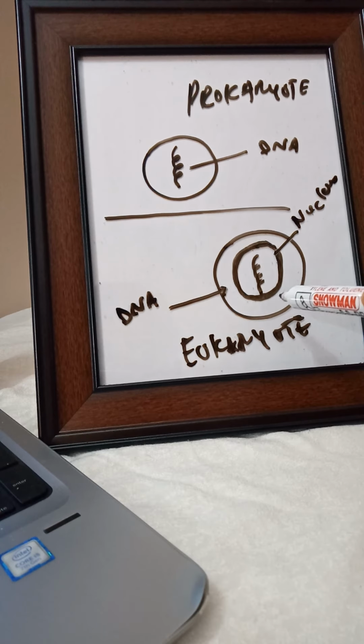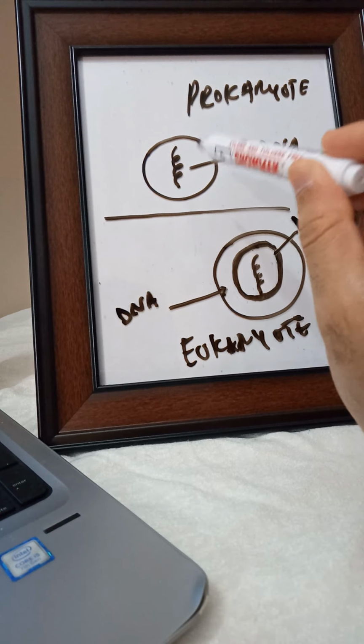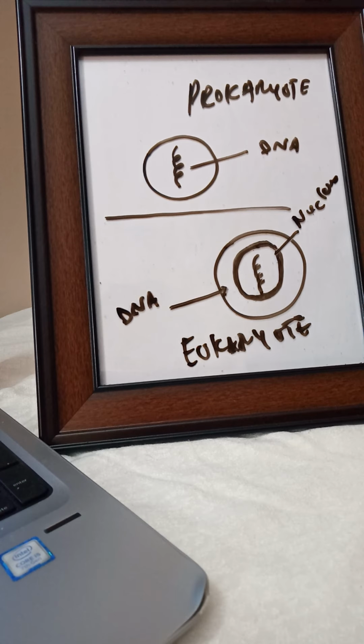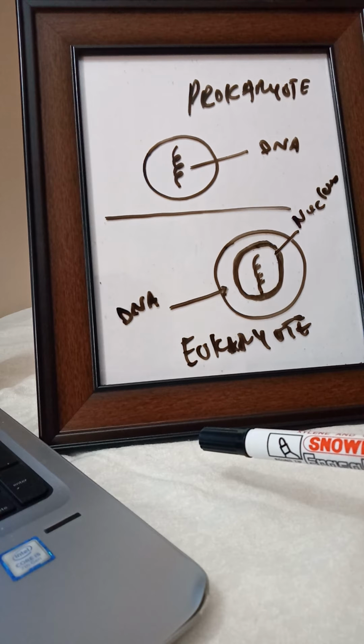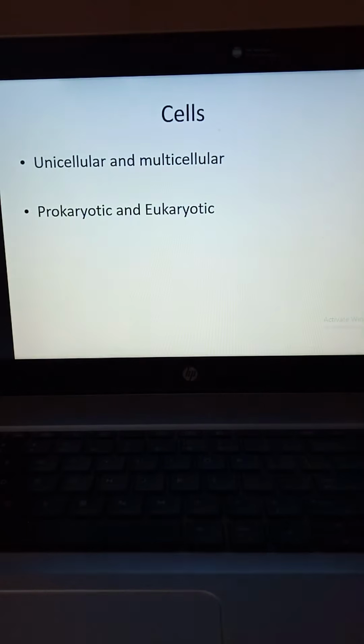Eukaryotes contain a nucleus, while prokaryotes do not, but both contain DNA. So on the basis of being prokaryotic and eukaryotic, we can further define unicellular and multicellular. I will try to define that for you.